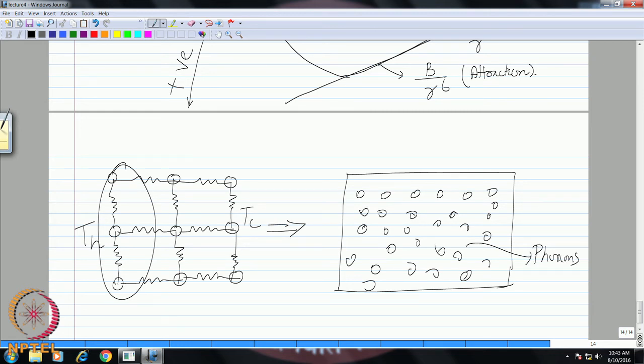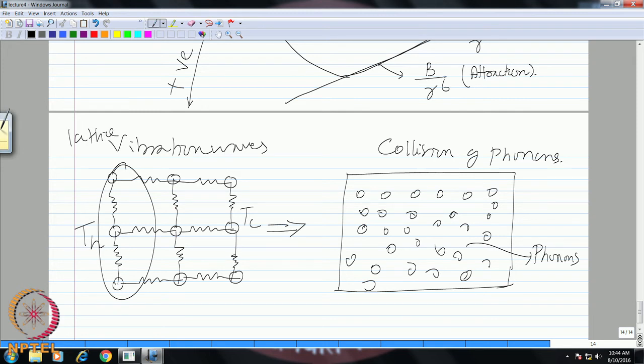So, you have two pictures. One, you have lattice vibration waves transporting heat. The other picture is collision of phonons. This is your particle picture.